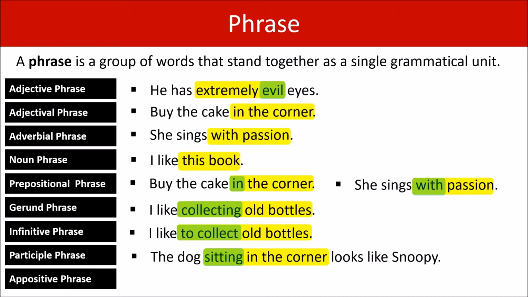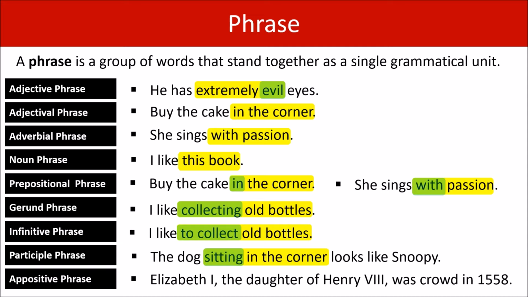Okay, an appositive phrase. An appositive is a phrase that renames or redescribes. So, the daughter of Henry VIII is an example of an appositive phrase, and it redescribes Elizabeth I. So this slide was just to give you a bit of common terminology related to phrases.